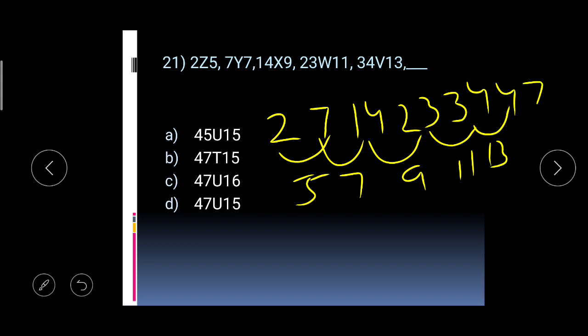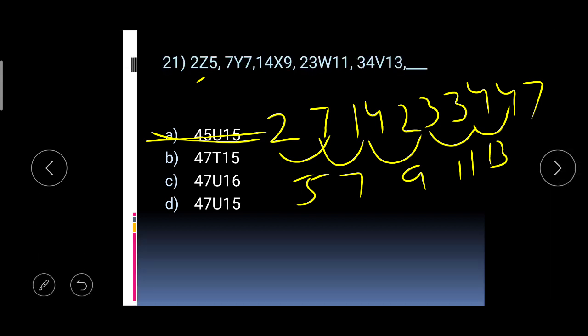So I know I have only, okay, I have 3 options. A option is ruled out. I have to check for the next 3 options. Okay, let's see. Next is letters. Z, then Y, then X, then W, then V. Okay.